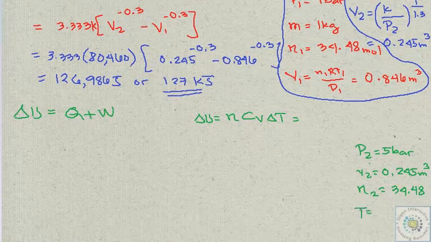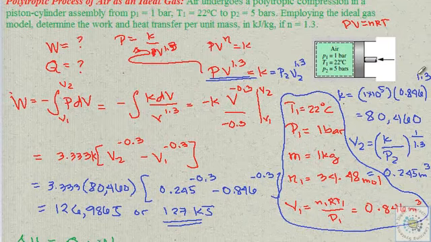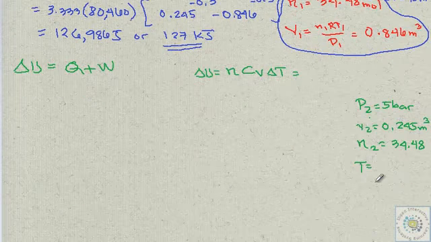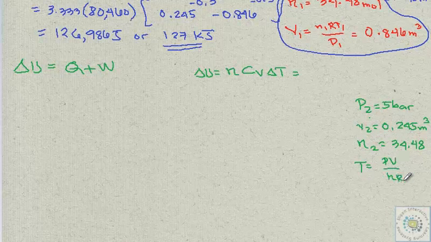How do you solve for that? Using the ideal gas law: PV is equal to nRT. So T will simply be PV over nR. P is 5 bar, so that's 5 times 10 to the 5, which makes it 500,000 Pascal.